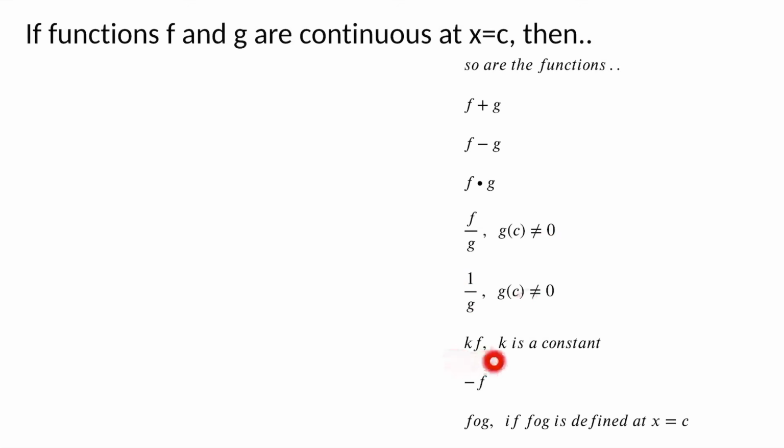A constant k multiplied by the function f or the function g would be continuous at x equal to c. The negative of the function would be continuous, and the composite of two functions, f of g, would be continuous at x equal to c provided it is defined. And we had looked at some examples of this in the previous session.